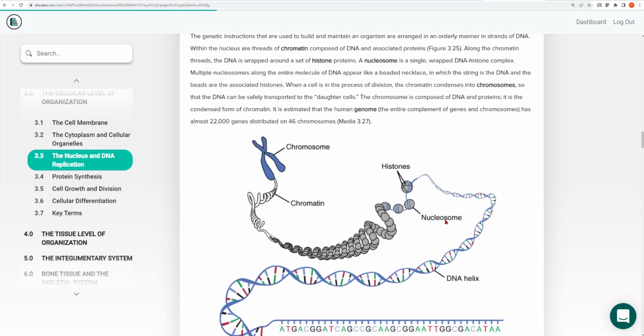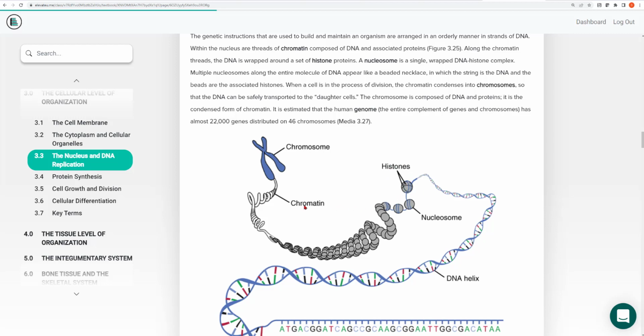So let's just kind of get an idea of this. What we see under the microscope looks sort of like a letter X. That's the chromosome. But if we could go in closer, we would see that the chromosome is composed of chromatin. What is chromatin? Chromatin is a string of DNA wrapped around proteins. Those proteins are called histones.